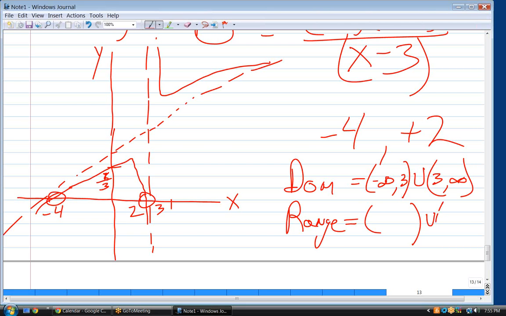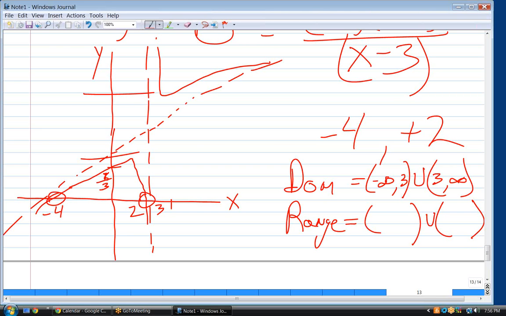The tough part is the range. And the range, you need a calculator or some program. In other words, there's no easy way to figure out what that value is on the y-axis or what that value is on the y-axis. And you can see that there's a healthy amount in between that is not in our range. So if I wanted to tell you what the range is, I couldn't do it from looking at the graph.